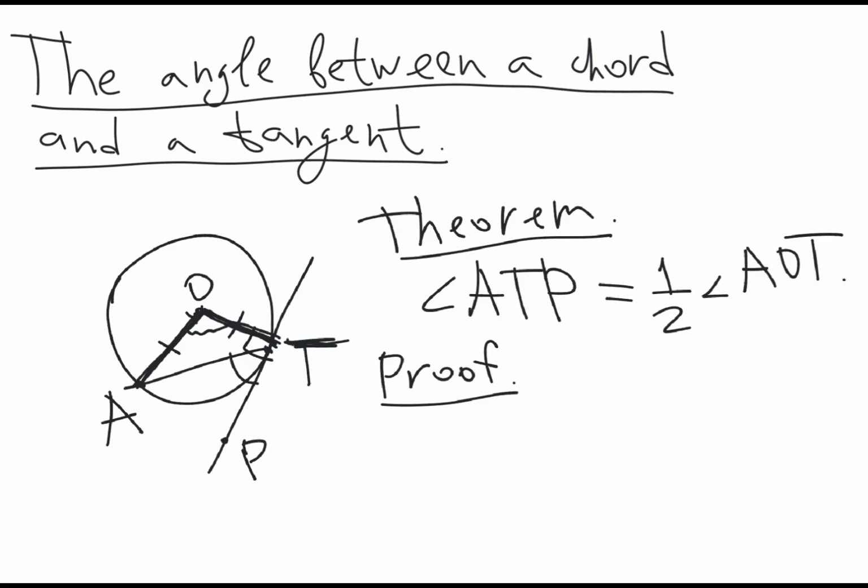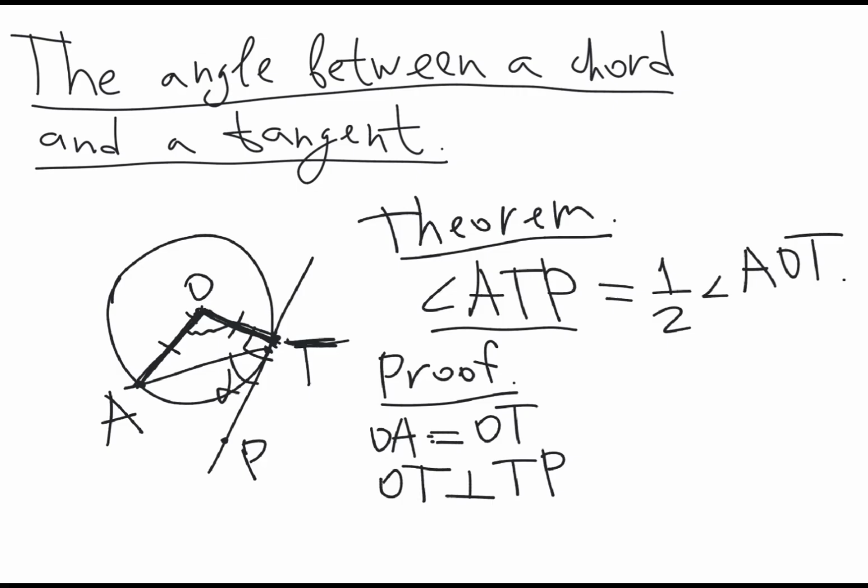So first we write that OA is equal to OT, because they are radii of the circle, and then OT is perpendicular to the tangent TP, because the radius to the tangent point is always perpendicular to the tangent. So let's denote the angle ATP as alpha.